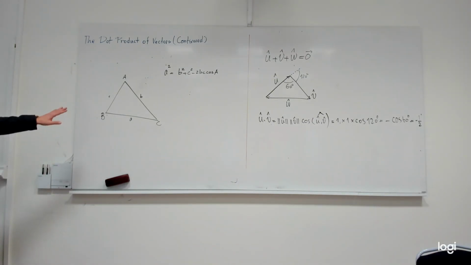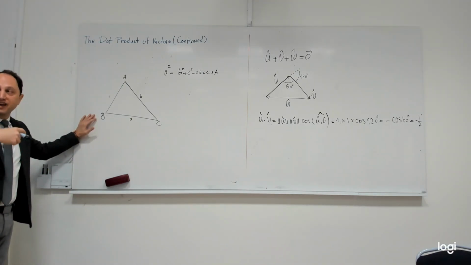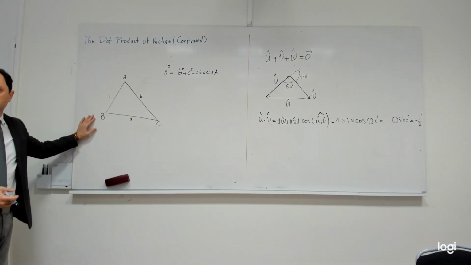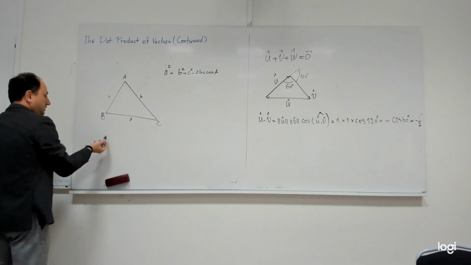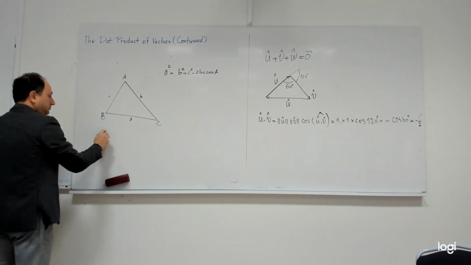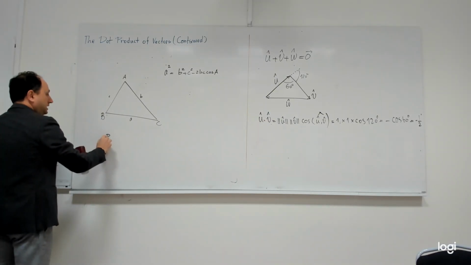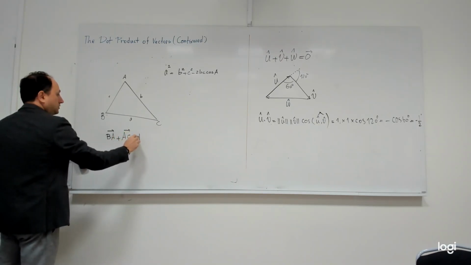There are no vectors involved in this problem. That's a pure Euclidean geometry problem. But we want to use a vector method to prove this. And this is very natural here. Why? Because I hope that you agree with me that the vector BA plus the vector AC is equal to the vector BC.